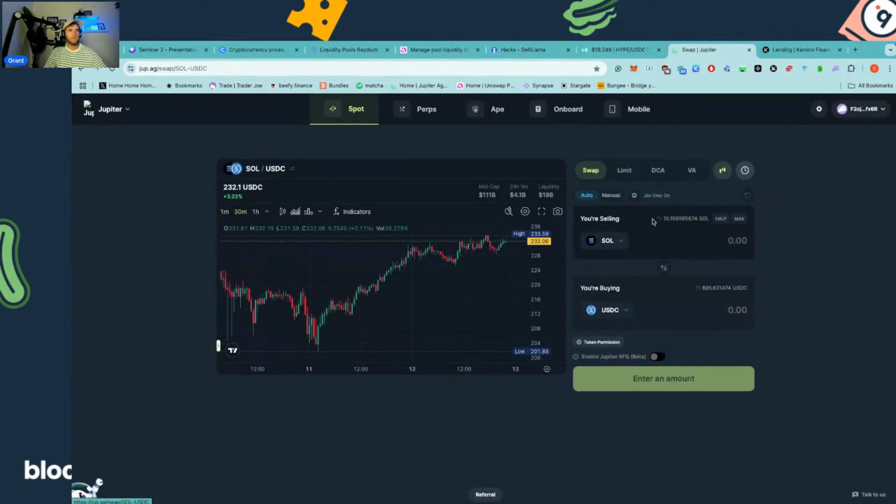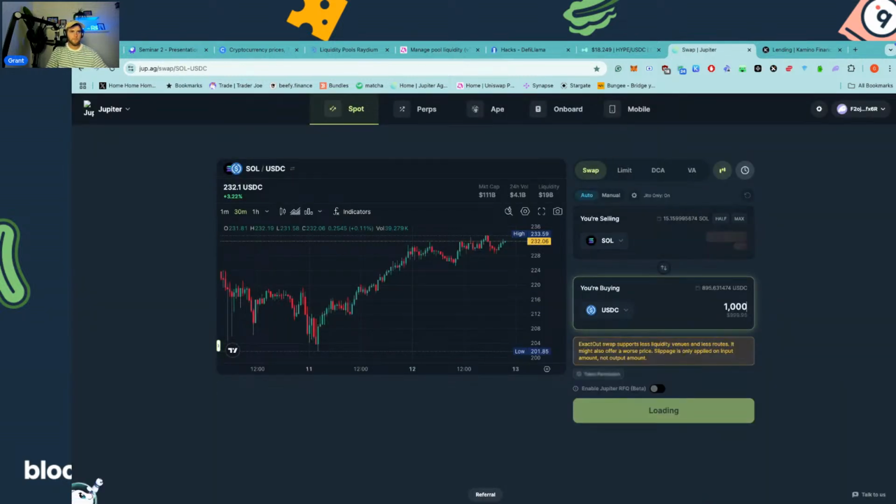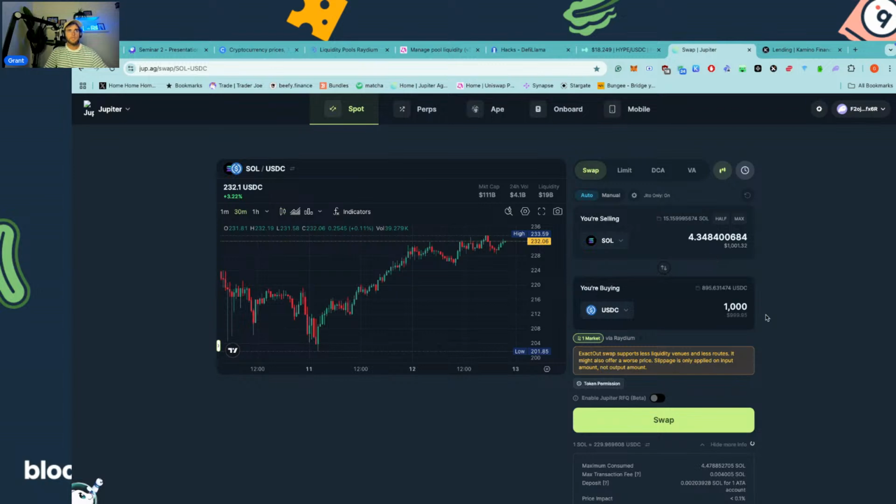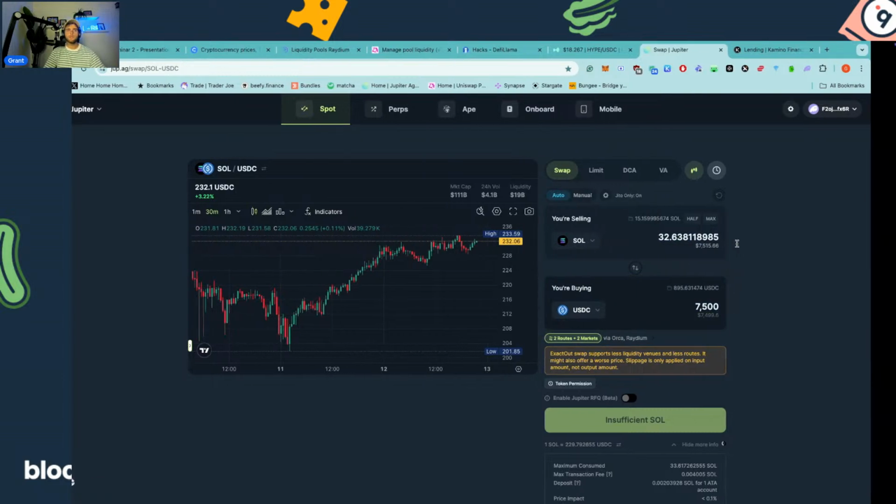Let's say it's 43.47 Sol. We deposit $10,000 in. So we could technically, at 75% loan to value, borrow probably 32 and a half Sol.